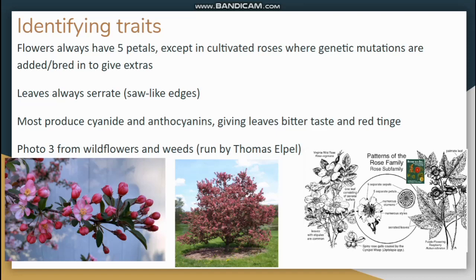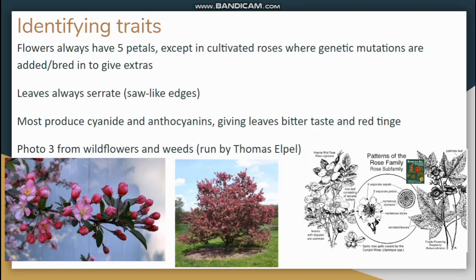Now, the limitation to his website is it only covers the North American families, and some of the families we will be going through aren't all North American, but it's a good resource. I really like the graphics he has for the different patterns or characteristics of these families.